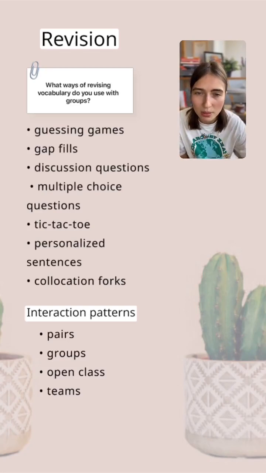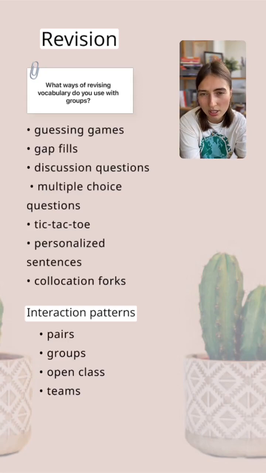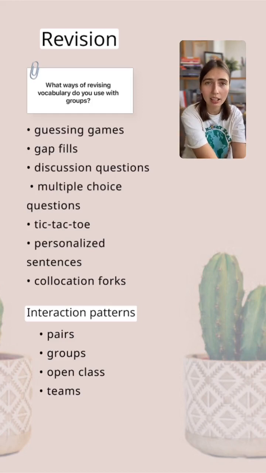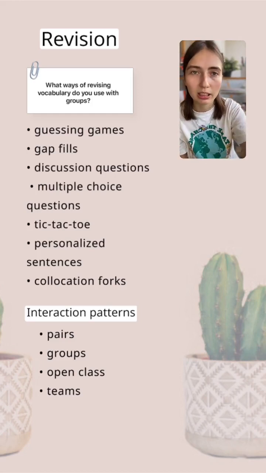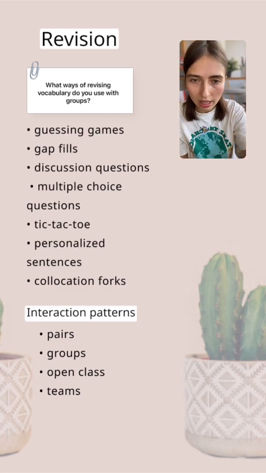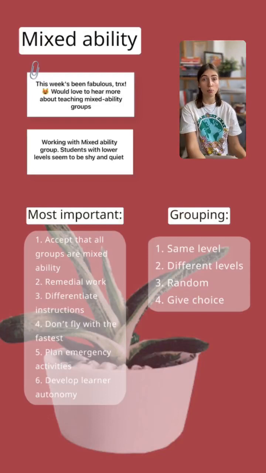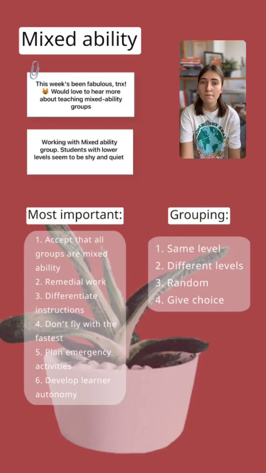Alla is writing about grouping students, that giving them choice is not what she goes for, because they choose the same people. Yeah, coming back to this one, let me open the slide here. I think it is very, very true. It's possible that they would pick the same group over and over again.